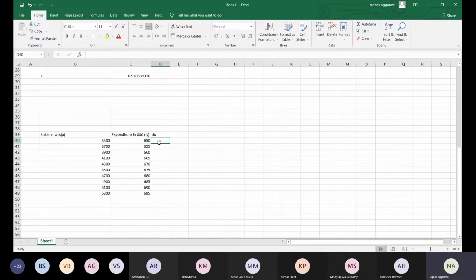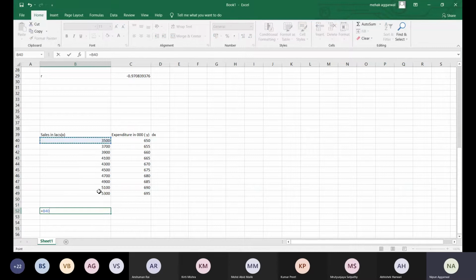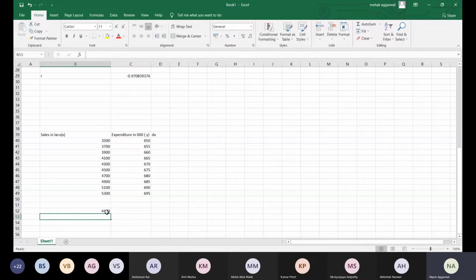As we discussed in the mean, the assumed mean can be the minimum value plus maximum value divided by 2, which is 3,500 plus 5,300 divided by 2. This comes out to be 4,400. So we will take either 4,300 or 4,500 as our assumed mean. Let's take 4,300 as the assumed mean.